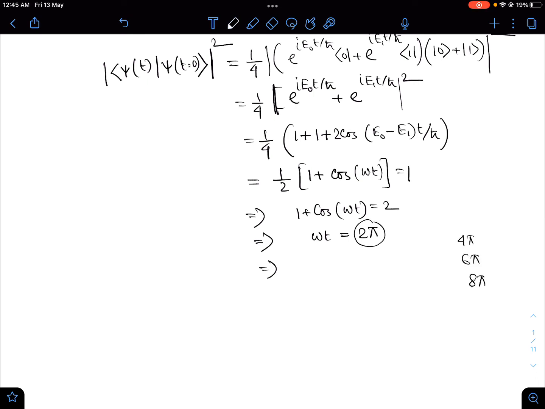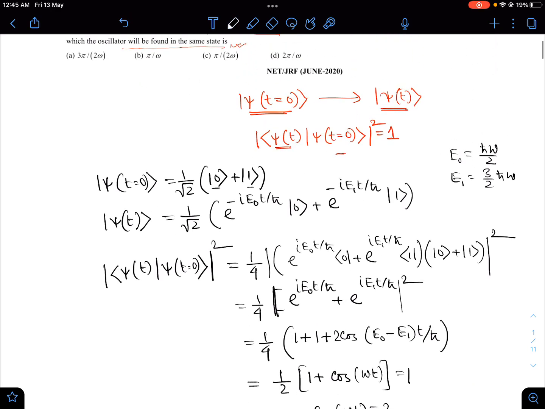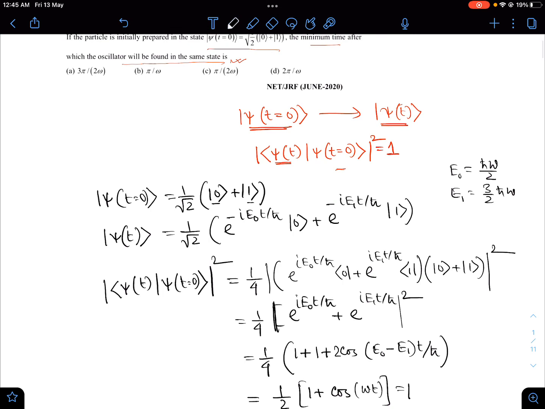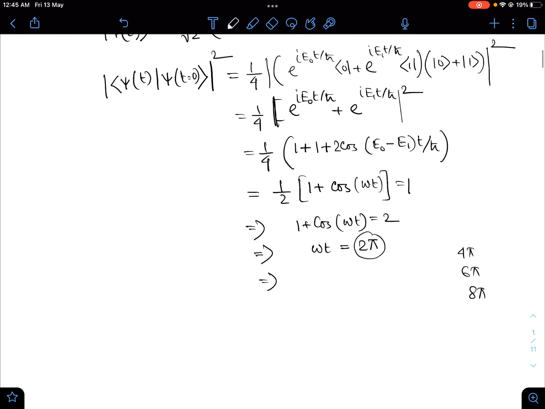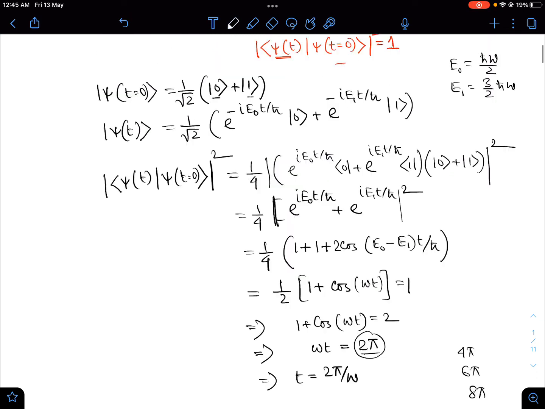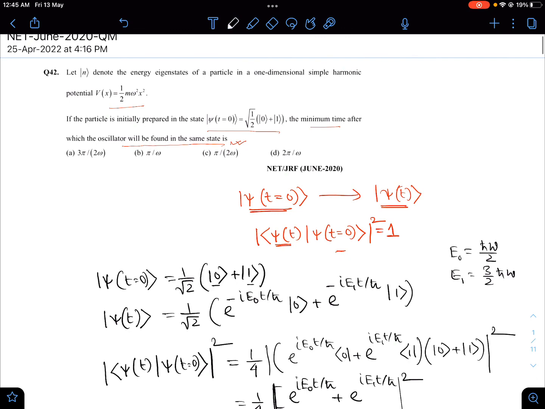These are the later times at which the oscillator will be in the same state. But for minimum time, we are taking 2 pi. So the time will be 2 pi by omega. So the correct answer is D, 2 pi by omega. So this is the answer.